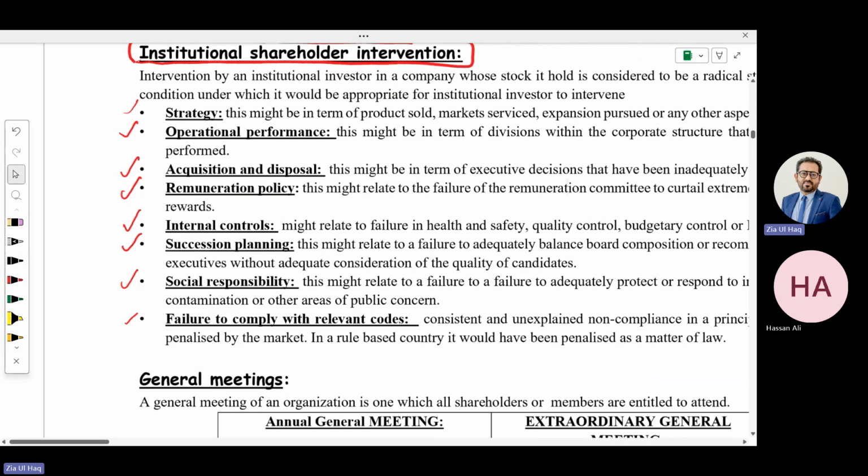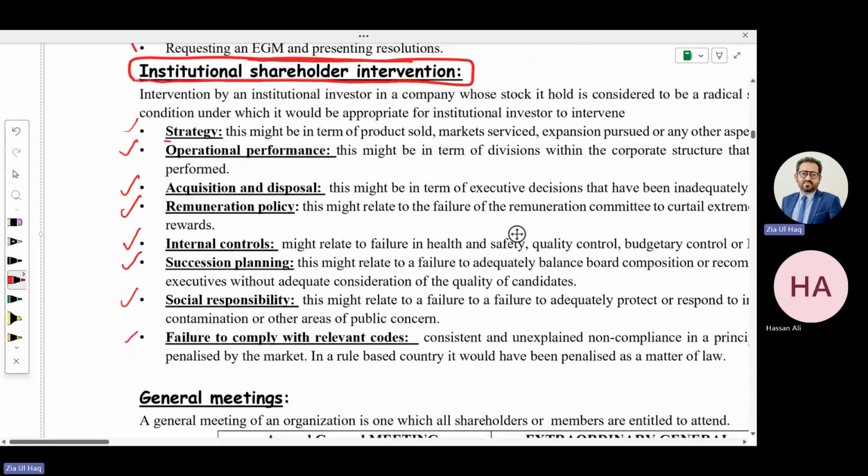What are those areas? They are involved in the strategy making of the company, in preparing long-term strategies. Because these are organizations whose motive is not only to generate return but also to promote the industry.